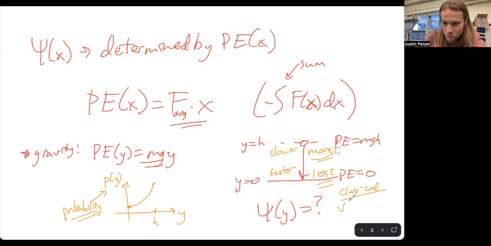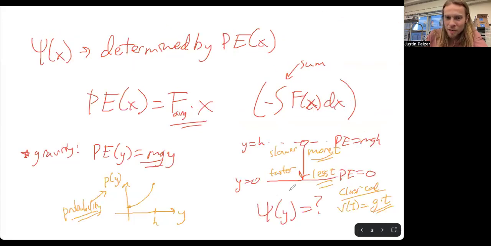I know for a fact that v of t is going to be g times t. At a certain specific time, it's just the acceleration of gravity times the time. I know where it is and I know how fast it's moving.